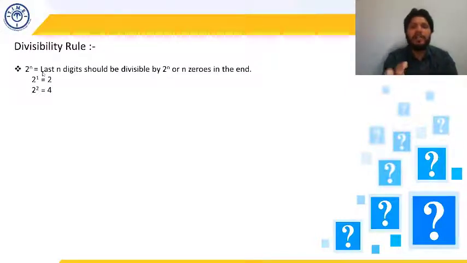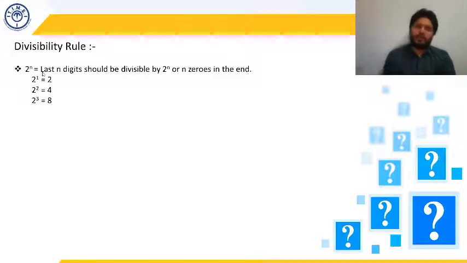If I say 23464 is a number, we divide the last two digits by 4. The last two digits here are 64, and 64 is divisible by 4, so this number is also divisible by 4. Suppose we take the number 2357. The last two digits here are 57, and 57 is not divisible by 4, so this number is also not divisible by 4. I hope it is clear to everyone.